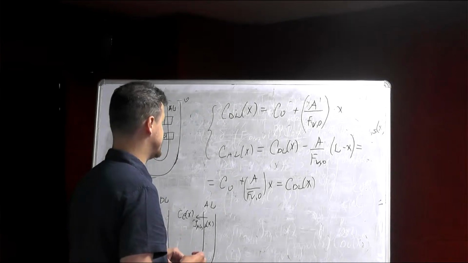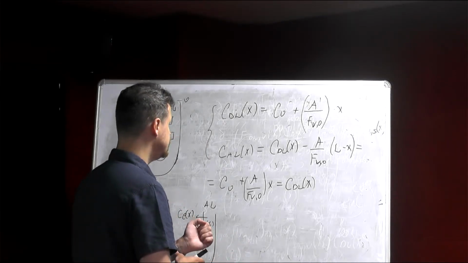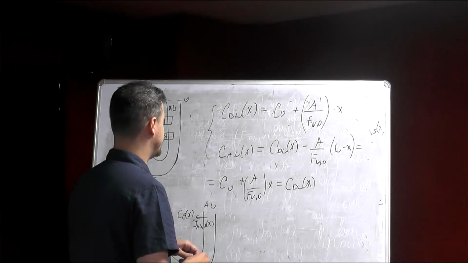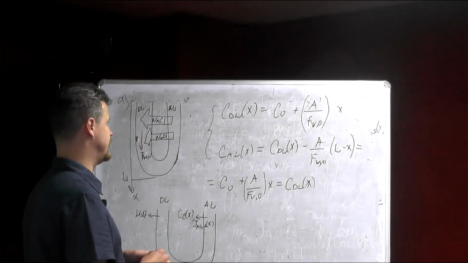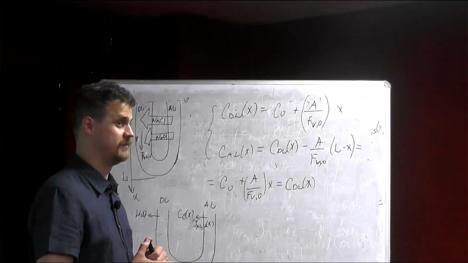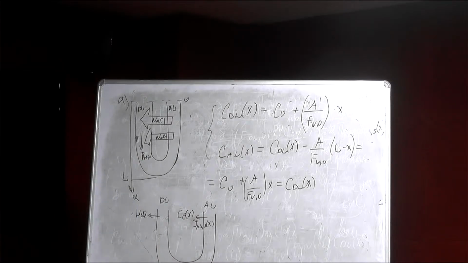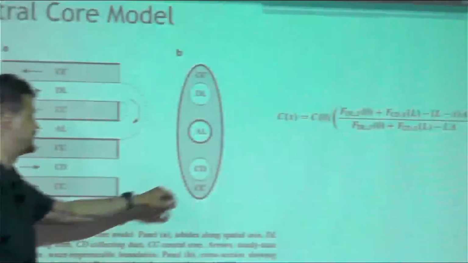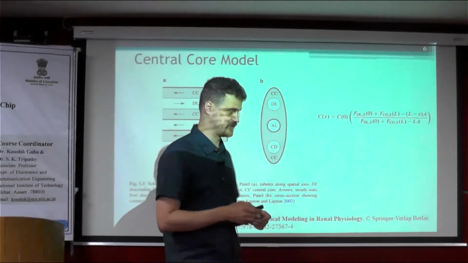but this simplified version is the start that provides a better understanding of the mathematical background behind this process. And of course, if we go even further, we have to consider that there is a collecting duct that participates in the mass exchange process as well.